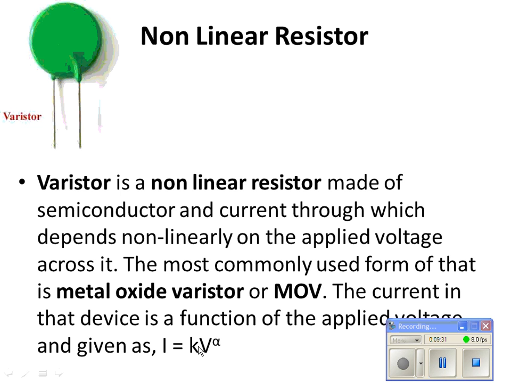Okay. A non-linear resistor. This is an MOV that I'm showing you a picture of here. It's a non-linear. It's a semiconductor, and that means the current going through depends on the non-linearity of the applied voltage across it. So as the voltage goes up or down, it will change. This is actually a metal oxide varistor, and it does something in a lot of circuits.